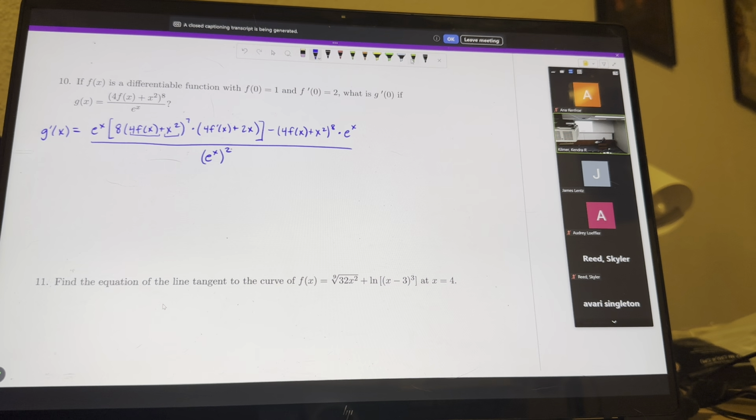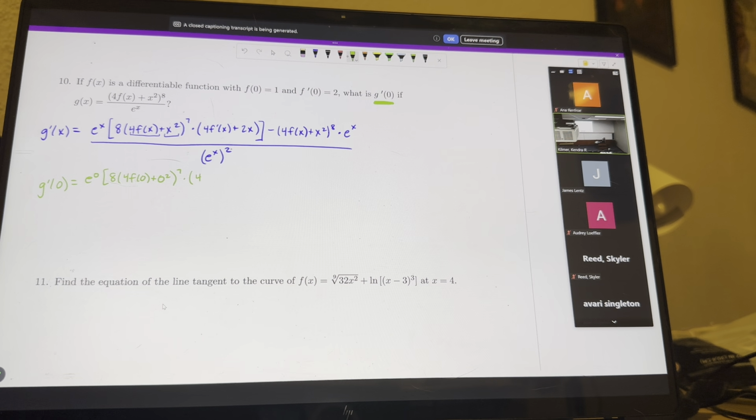So now we're asked to find g prime of 0. For g prime of 0, I'm going to replace every occurrence of x with 0. So e to the 0 times 8 times 4f of 0 plus 0 squared, raised to the 7th. We have to be really careful with our parentheses here.